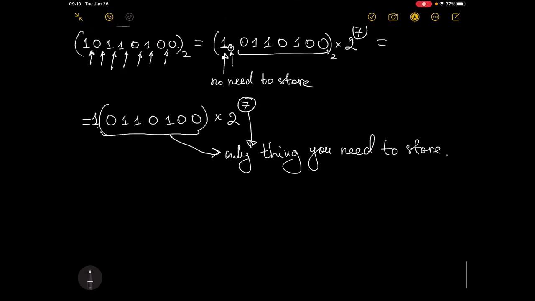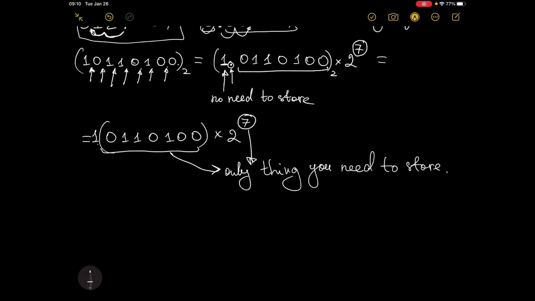If you know the power and if you know these numbers after the decimal point, which are called the mantissa, you can reconstruct your original number. Is it clear or not? Any questions here?